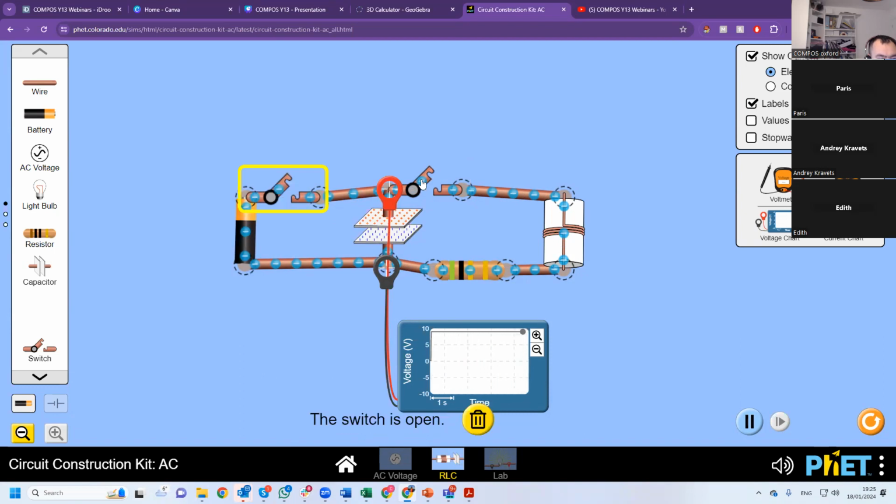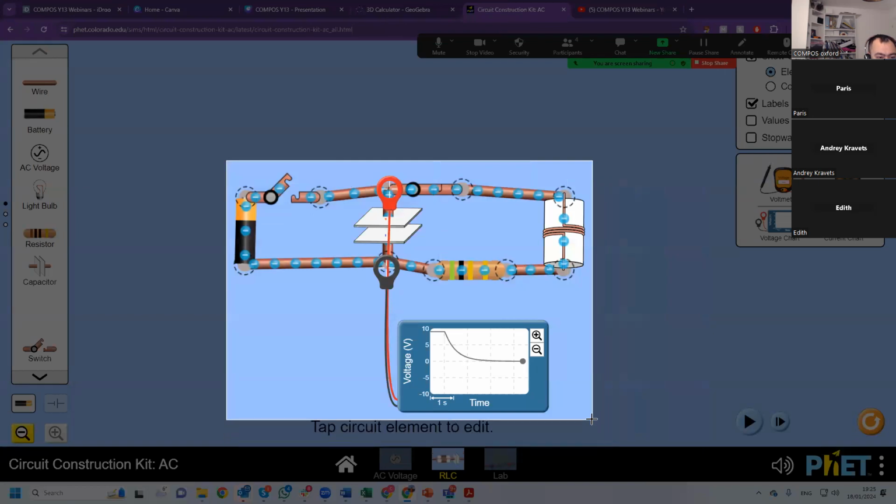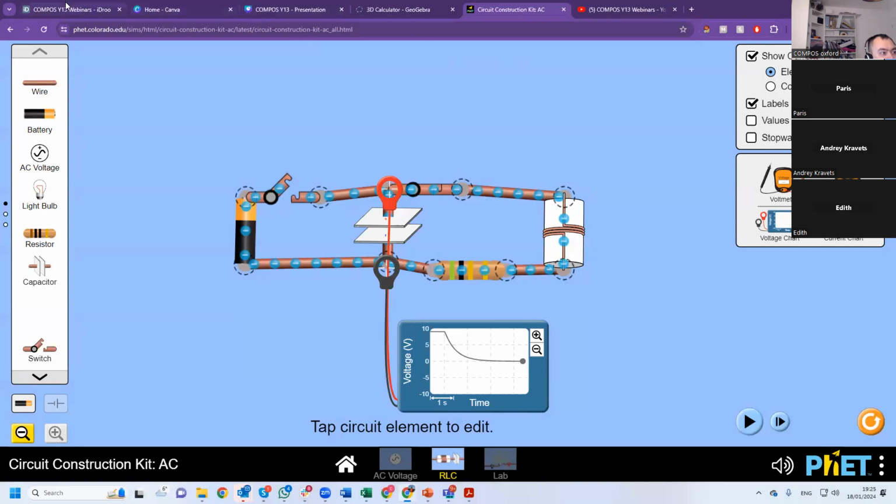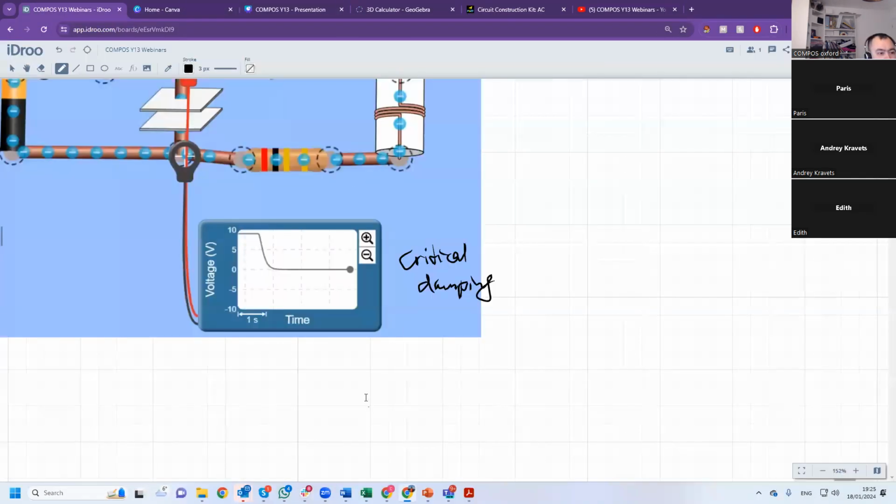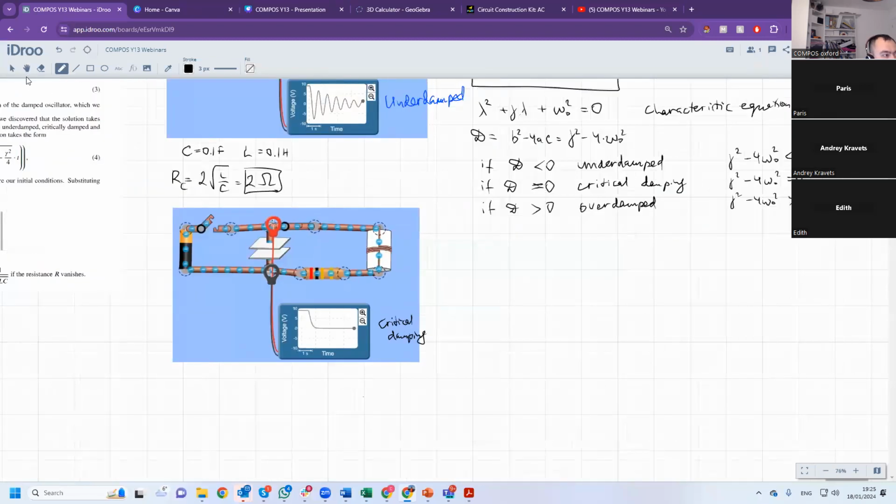Charge. You can see the difference. I hope you can see the difference of overdamping and critical damping.